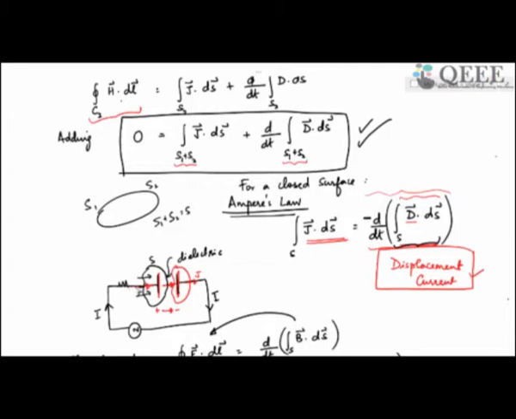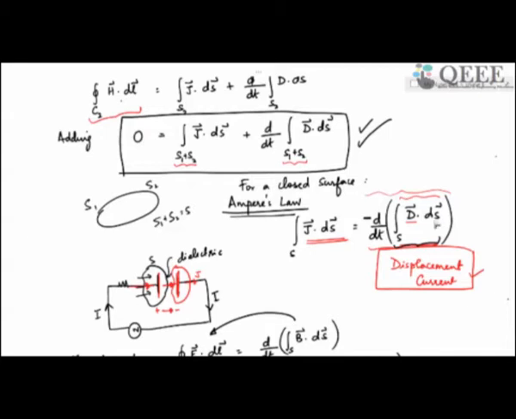So in the wire, current is due to the conduction current, whereas in the metal I don't have electric field, so I cannot have conduction current through the wire. Whereas in the region between the capacitors, my conduction is carried out not by the conduction current, it is carried out by the displacement current, because conduction current cannot penetrate through the dielectric.